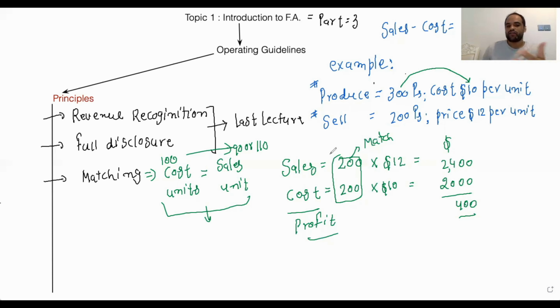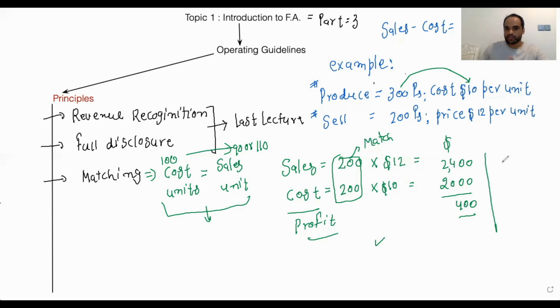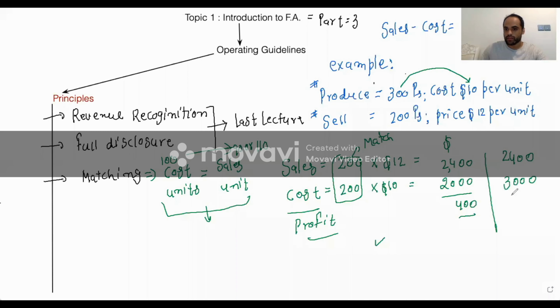Now, I can explain in another way why the matching principle makes sense, and why calculating a loss the other way does not. This is the matching principle, right? What you calculated before was 2,400 and 3,000, which means 600, right?